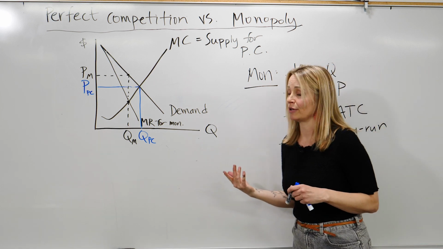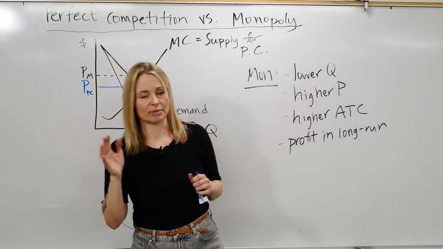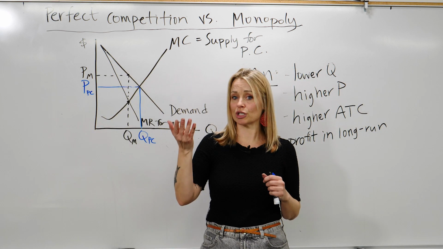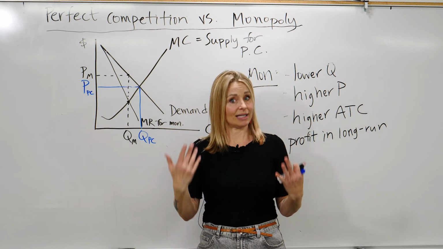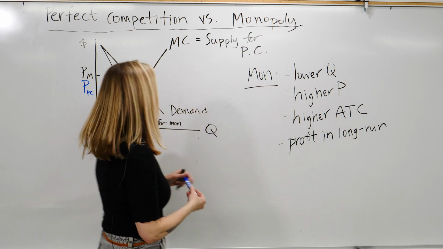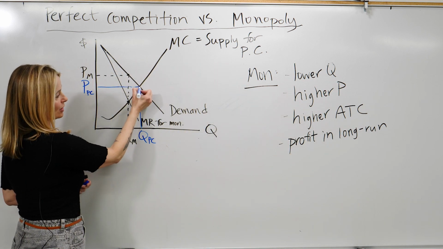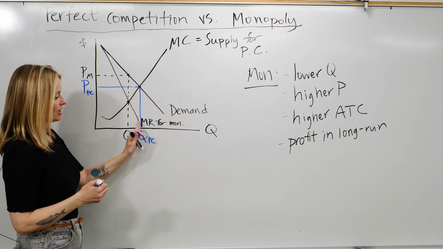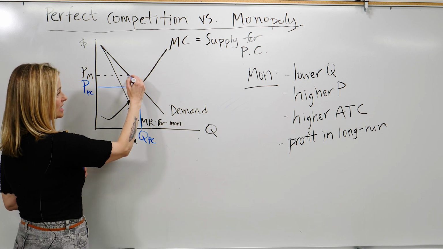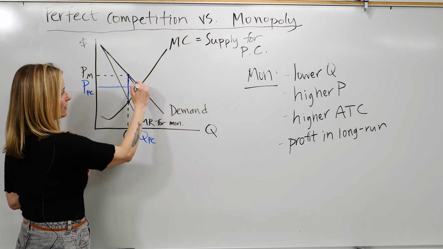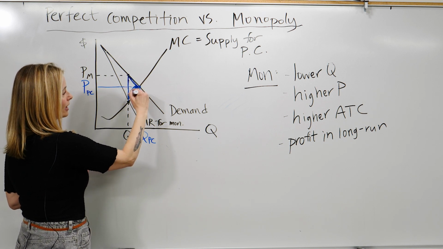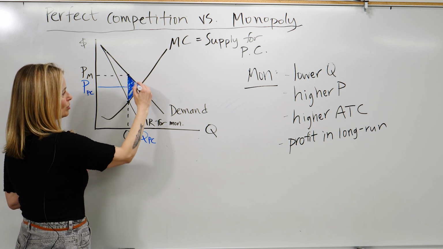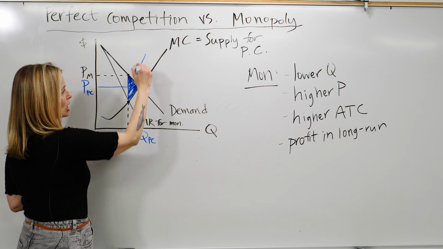And lastly, if we are looking at the old concept that you might or might not remember about consumer surplus and producer surplus and deadweight loss, we would be looking at the quantity here at perfect competition compared to this lower quantity for the monopolist. And notice that all of this triangular area is consumer surplus and producer surplus that's lost.